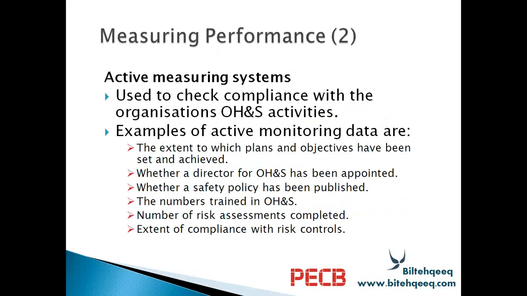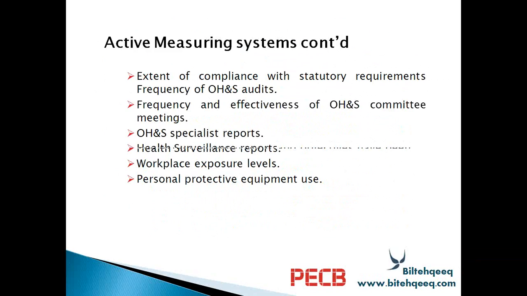These are some examples. Whether a safety policy has been published, the numbers trained in occupational health and safety, the number of risk assessments completed, extent of compliance with risk controls, extent of compliance with statutory requirements, frequency of occupational health and safety audits, frequency and effectiveness of occupational health and safety committee meetings, occupational specialist reports, health surveillance reports, workplace exposure levels, personal protective equipment use.